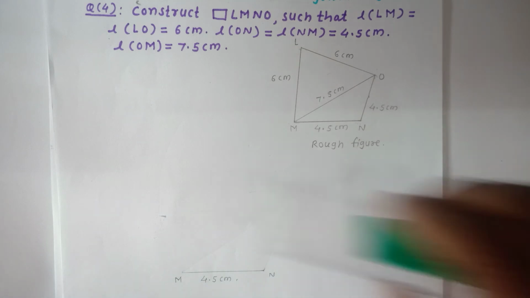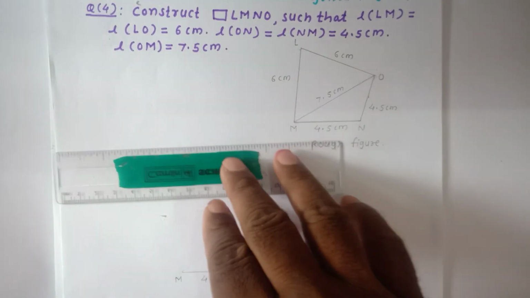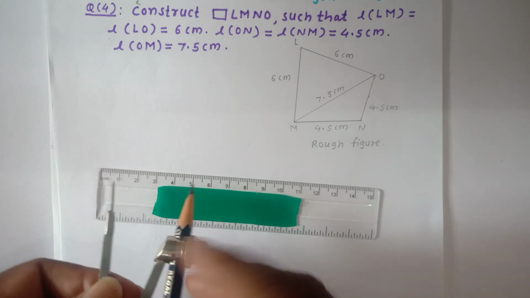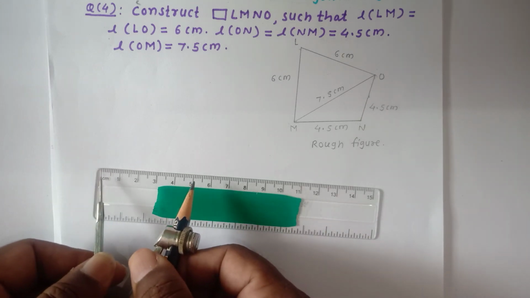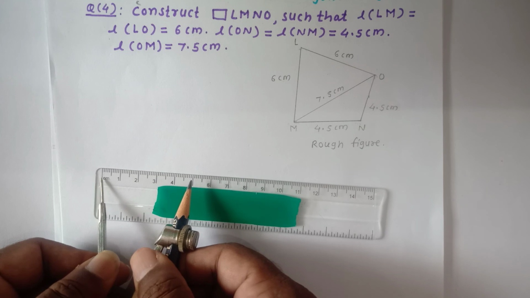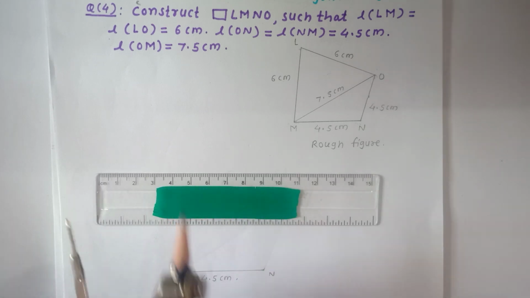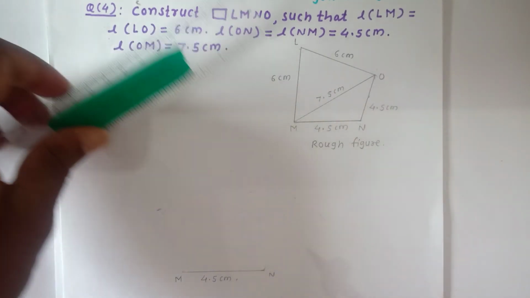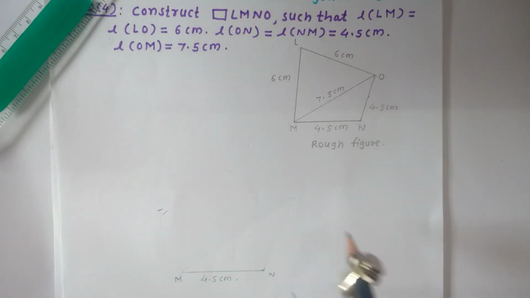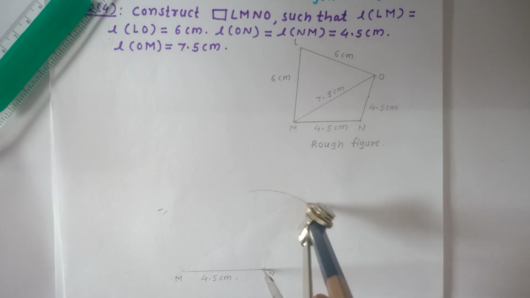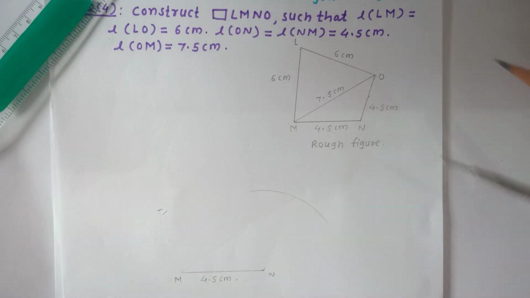Now take 4.5 cm distance in a compass by using a scale. Now put compass on point N and draw one arc here.